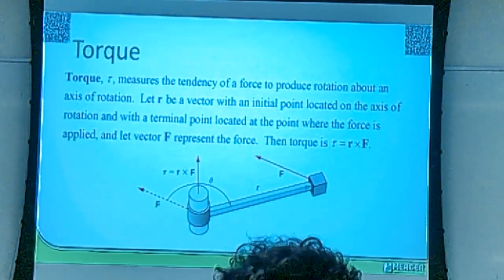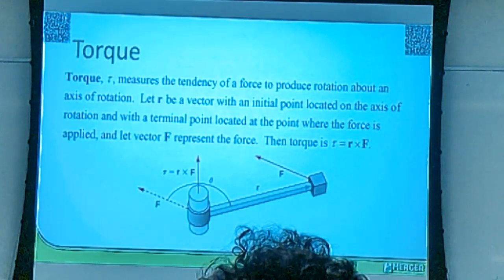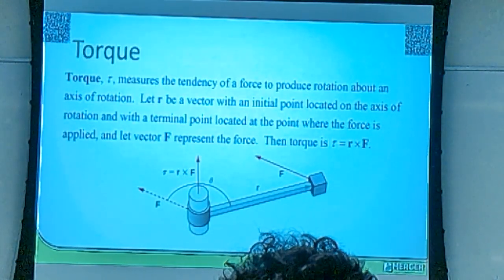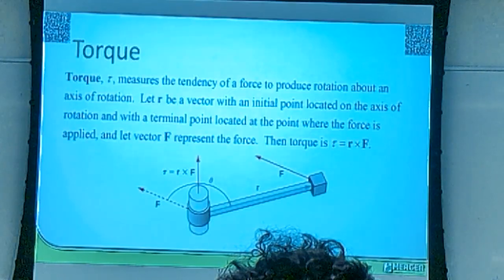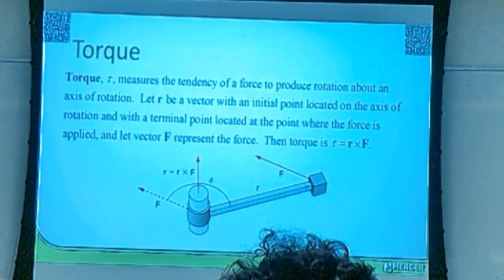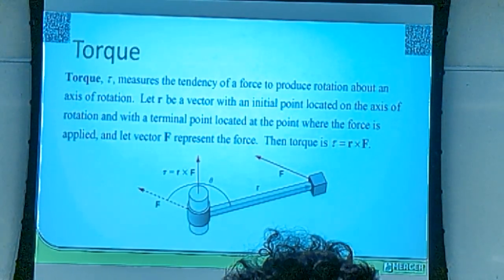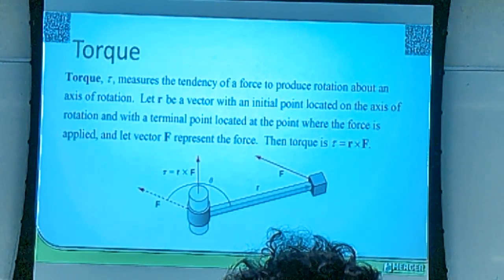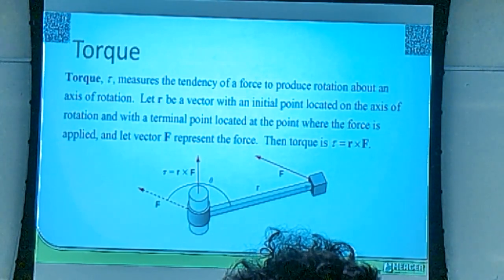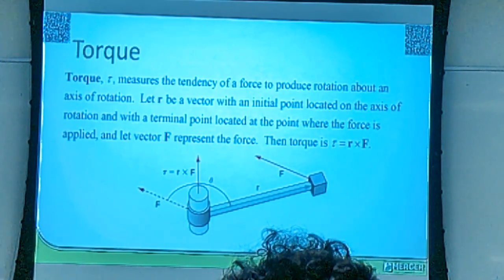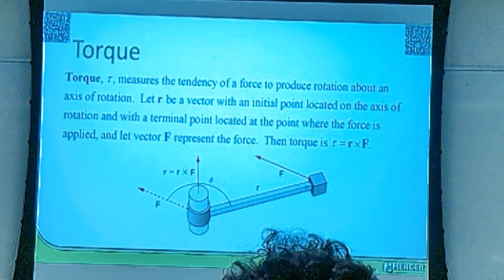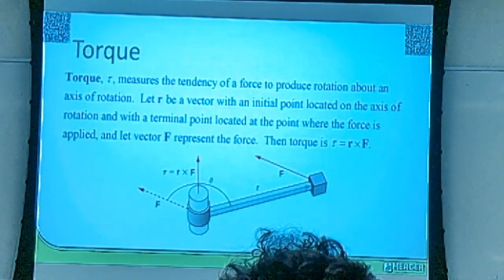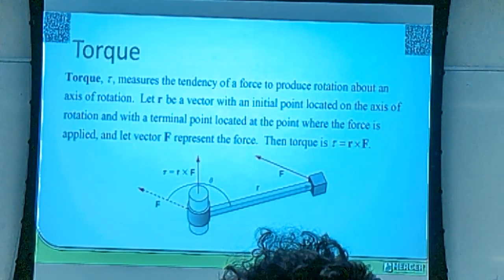But notice, if I push really close to the axis of rotation, it requires a much larger force to cause that rotation than further away. So if you want to make it easier, you increase your radius.